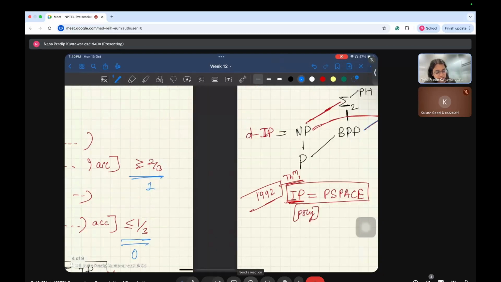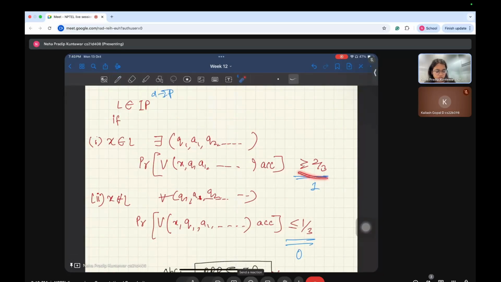We said that if X is in the language, we want to accept with 2/3 probability. If X is not in the language, we want to reject with 2/3 probability. So where is this choice of success probability coming from? For example, if instead of error being 1/3, I make error 1/4, is this new protocol with a lesser error probability strictly more powerful than IP?